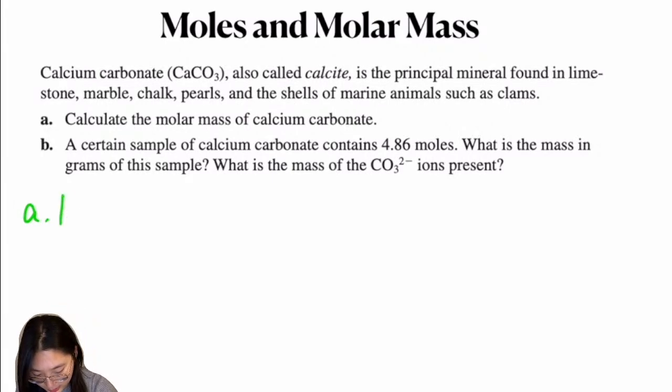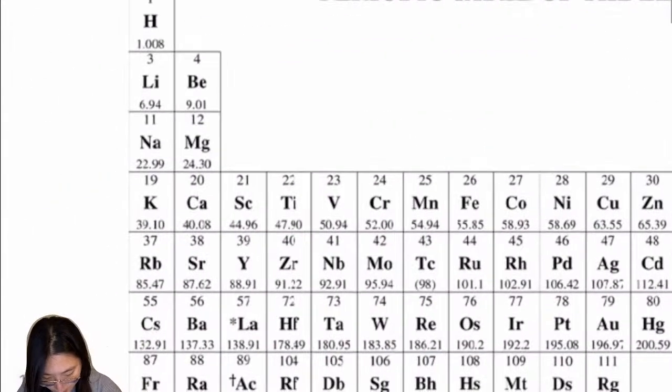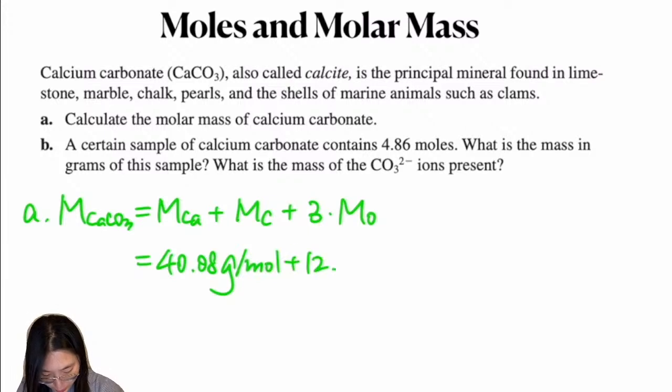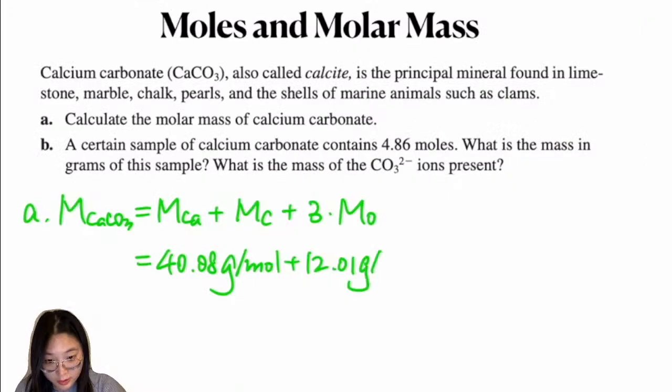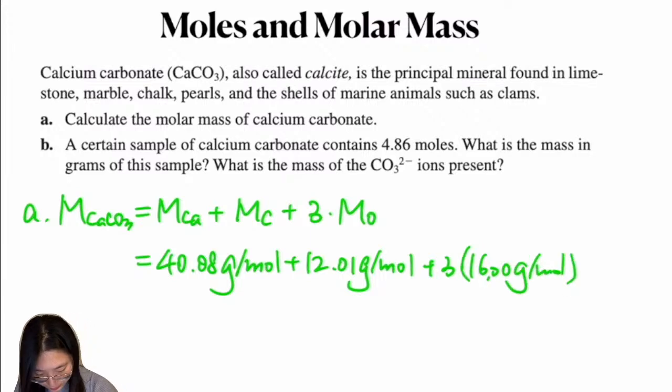So the molar mass of CaCO3 is equal to the molar mass of calcium plus the molar mass of carbon plus 3 times the molar mass of oxygen. That's 40.08 grams per mole plus 12.01 grams per mole plus 3 times 16 grams per mole.